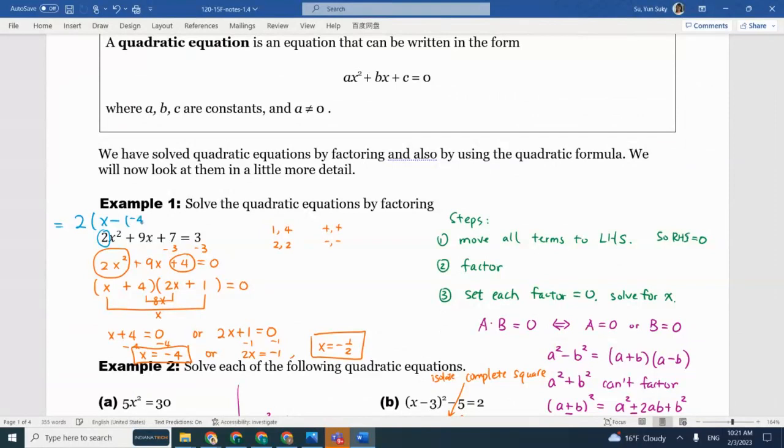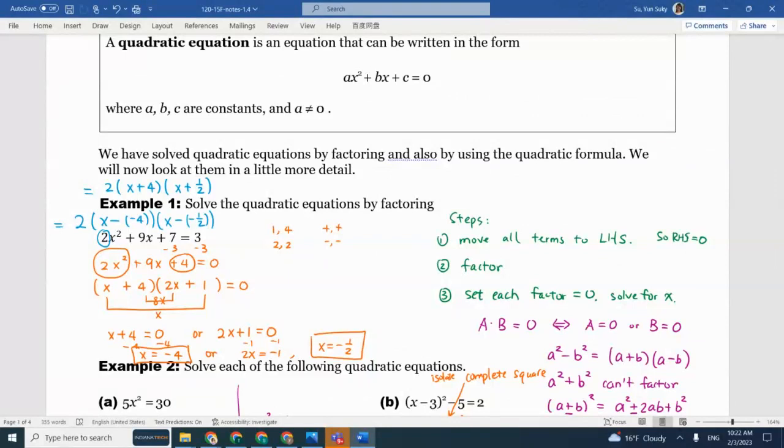You see the first root is -4. And then x minus the second root. The second root is -1/2. Right, everybody? So this is 2. Minus negative becomes positive 4. And minus negative becomes positive 1/2. So what I'm doing, I can multiply the 2 inside this factor.